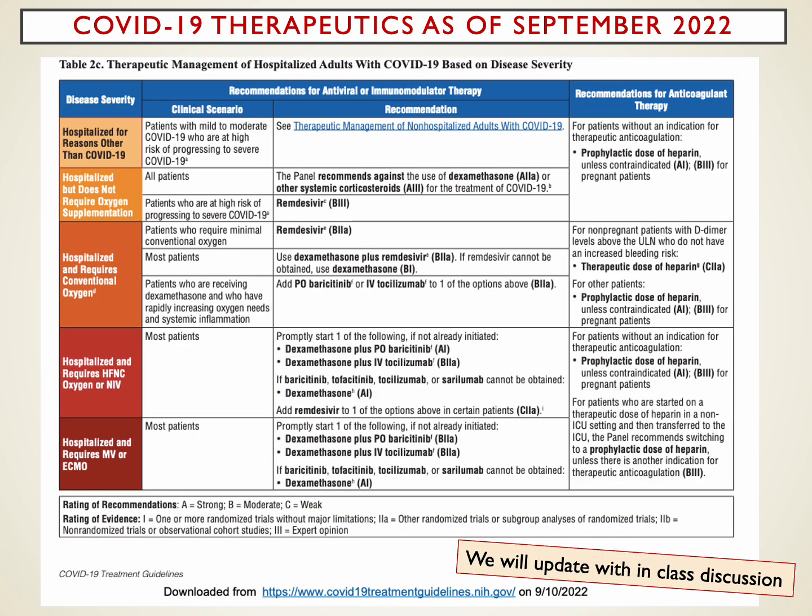And one of the last big areas in this chart goes through the hospitalized management of patients with COVID. And this gets tweaked periodically as well. But the theme generally is that patients, particularly who have a risk for developing significant outcomes with COVID, and particularly if they have some oxygen requirement, are usually candidates for antiviral therapy.